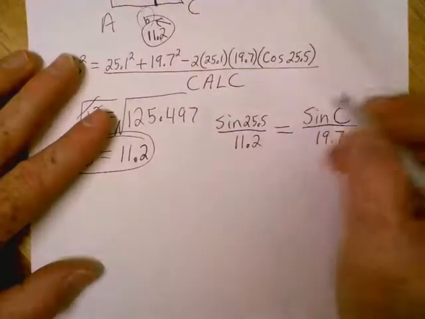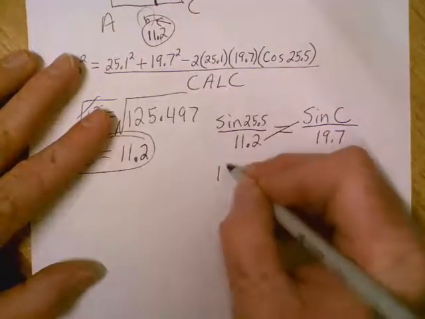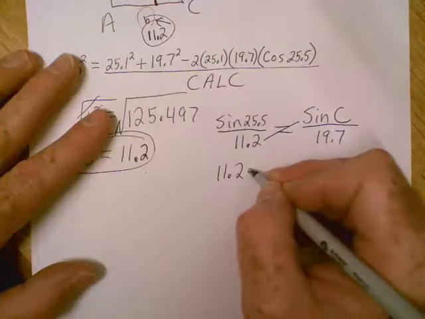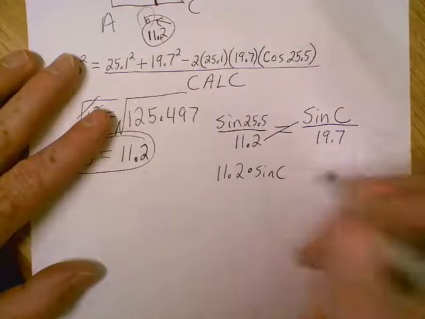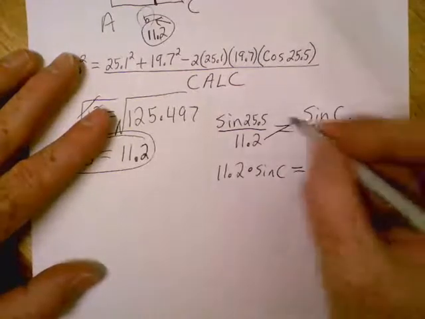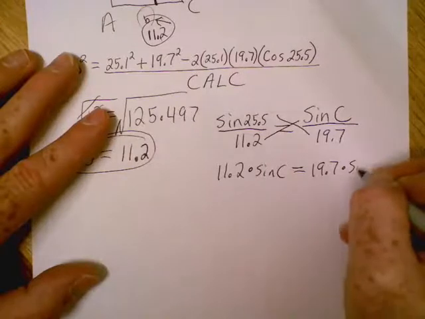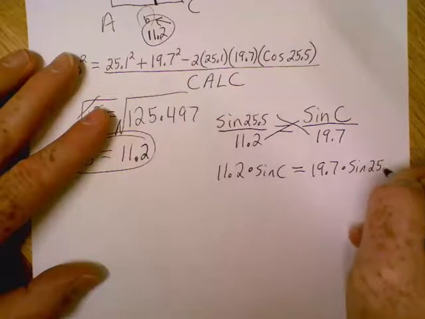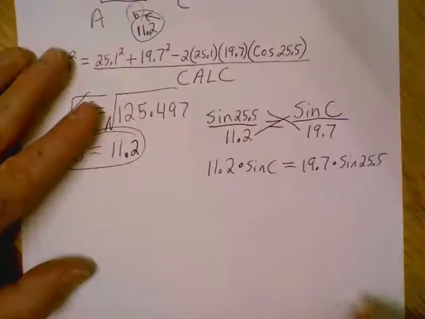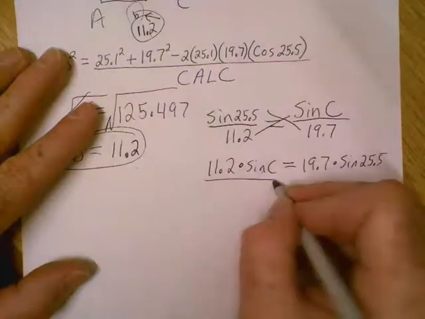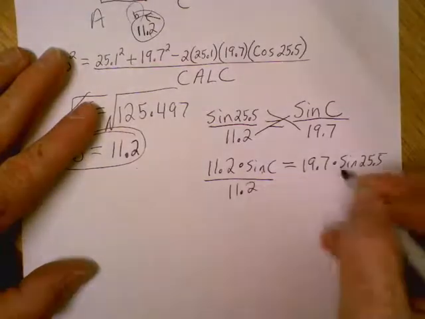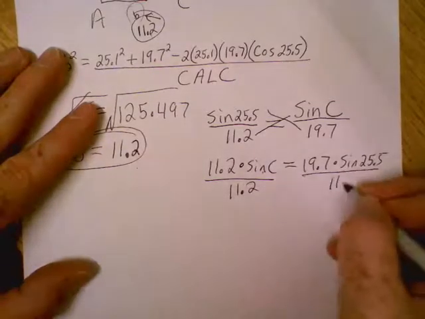Then I just cross multiply, and when I get this one, this will be our answer. So I cross multiply here. I get 11.2 times the sine of C equals, cross multiplying this way, 19.7 times the sine of 25.5. Trying to get sine of C by itself, I'm going to divide both sides by 11.2.